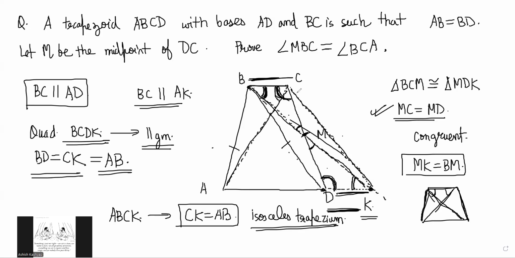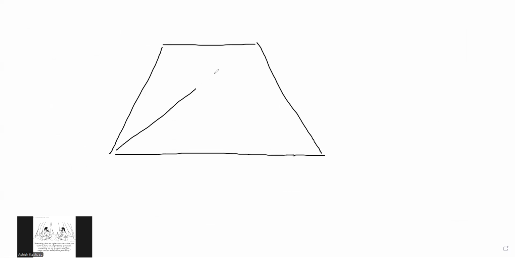It is obvious because the lengths of these sides are the same and the perpendicular distance between the parallel lines will be the same in both situations. Do you understand what I'm saying? If you have an isosceles trapezium like this, it is not difficult to prove that this angle will be the same as this angle because this side is the same and these are parallel lines, so the perpendicular distance is also the same.